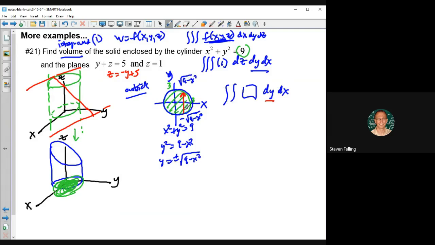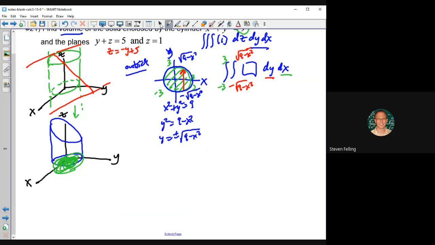So my limits of integration go from y equals negative square root of 9 minus x squared to y equals positive square root of 9 minus x squared. And then to cover the region in the x direction, we go from negative 3 over here to 3. So there's the outer two parts of the integral.